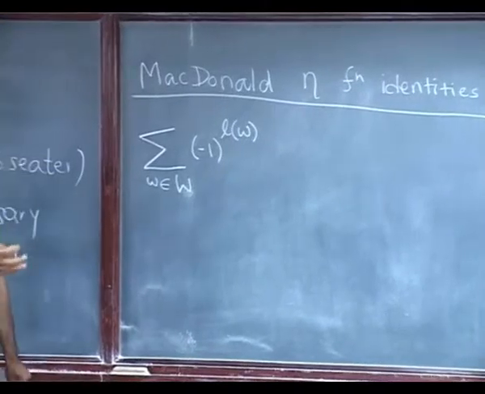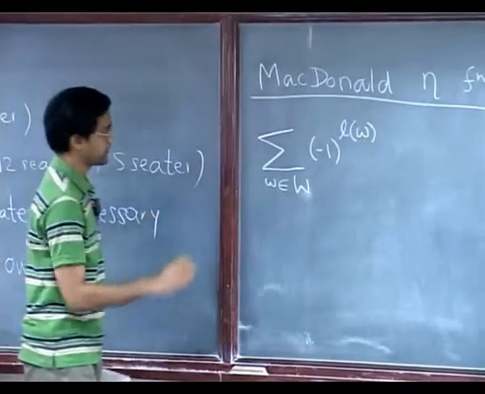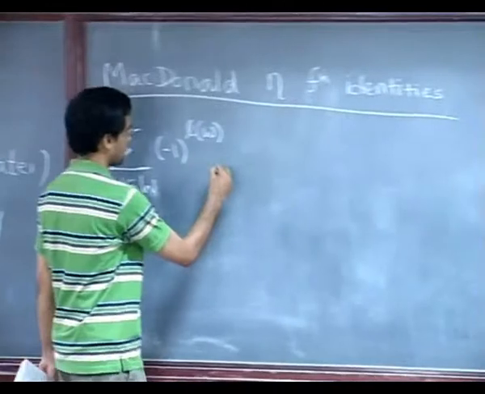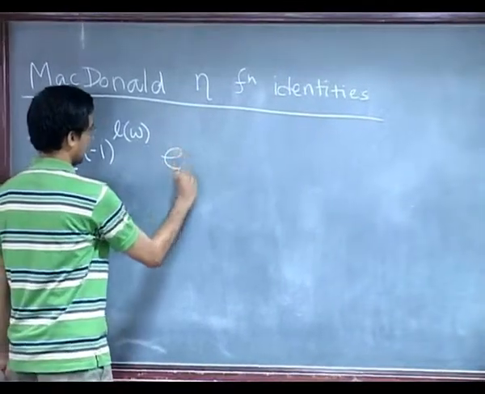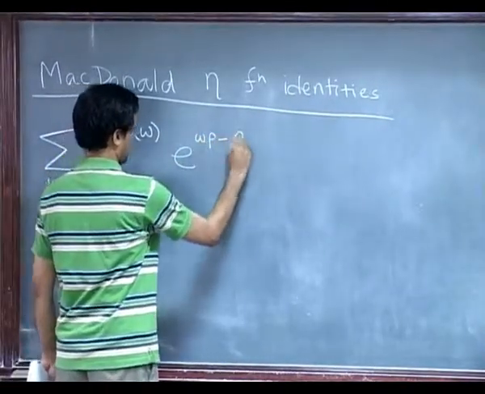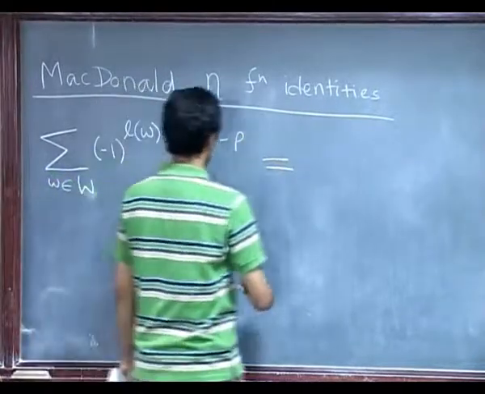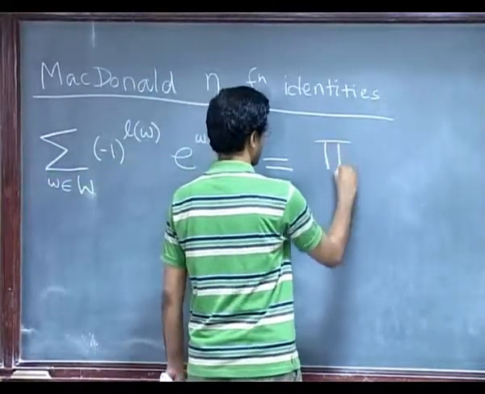So I'm going to write just the Weyl denominator identity, which says that this alternating sum, sum of sign of w times e to the w rho minus rho, is the product.